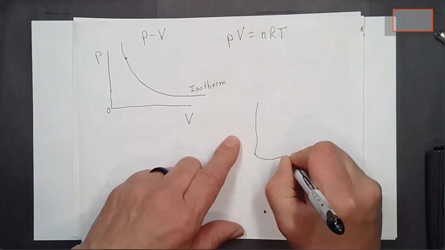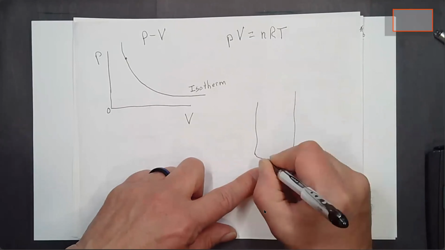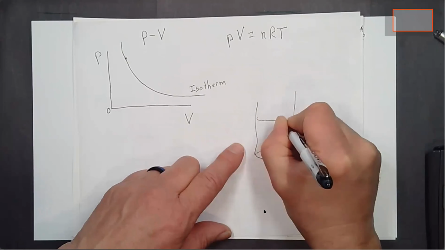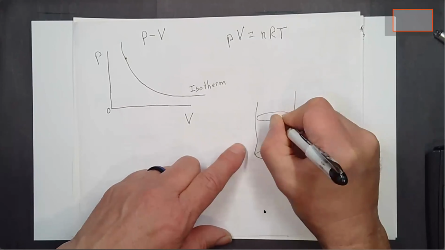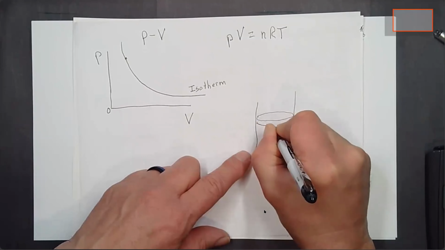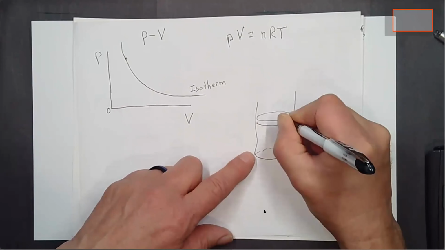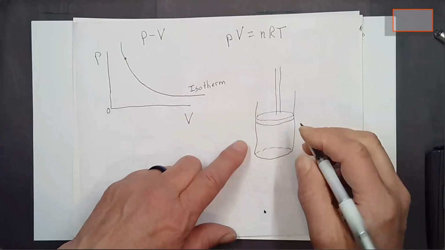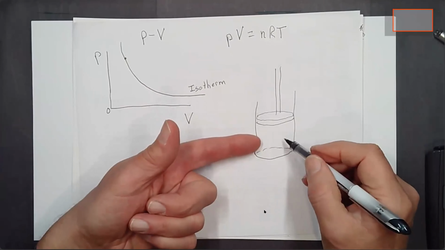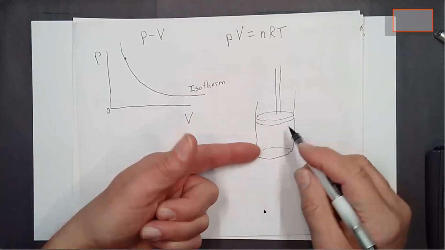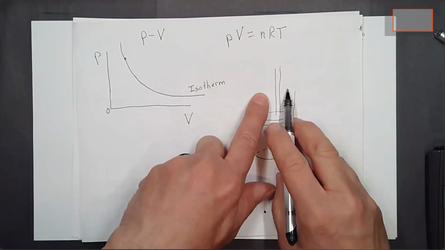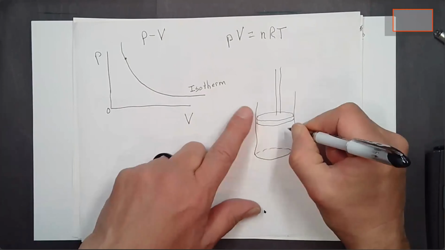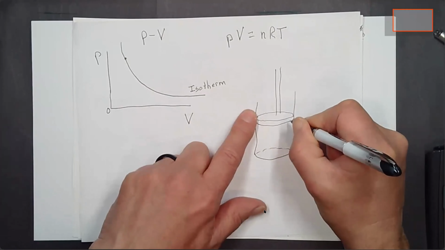Let's suppose you have a cylinder here, and you've got a piston that doesn't let anything leak out of here. And so if this gas that's in here expands, it can push that piston upward and do some work on it. That's a way that a gas could do work.